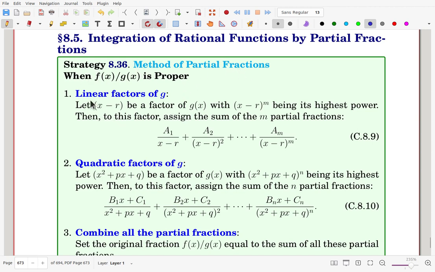And if g has a linear factor given up to nth power, then for this one we have to expand in this way: a constant over x minus r, and another constant over x minus r squared, up to the mth power, but always on the top you have to have a constant.